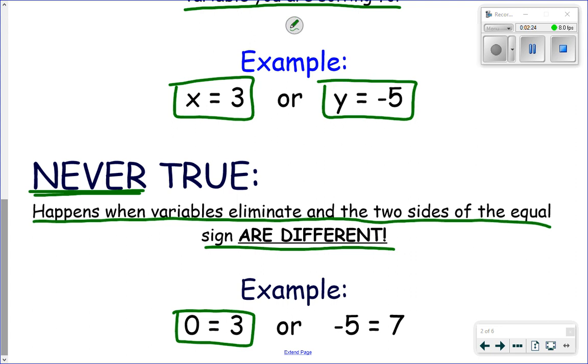Those are not the same number. Or another example, -5 will never equal 7. You can't have two different values on both sides of the equal sign because that statement is false. So we're going to solve some examples, and we're going to eliminate some variables, or we might be left with a variable, and then we have to decide if it's always, sometimes, or never true.